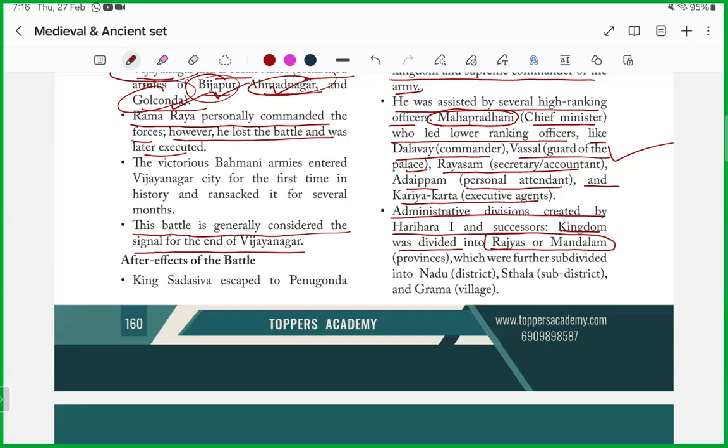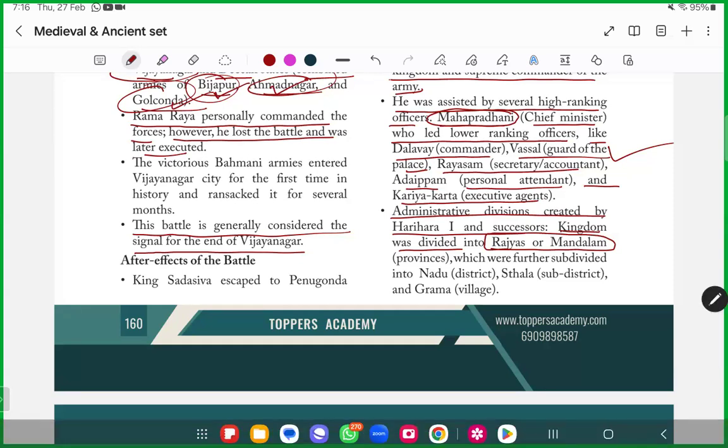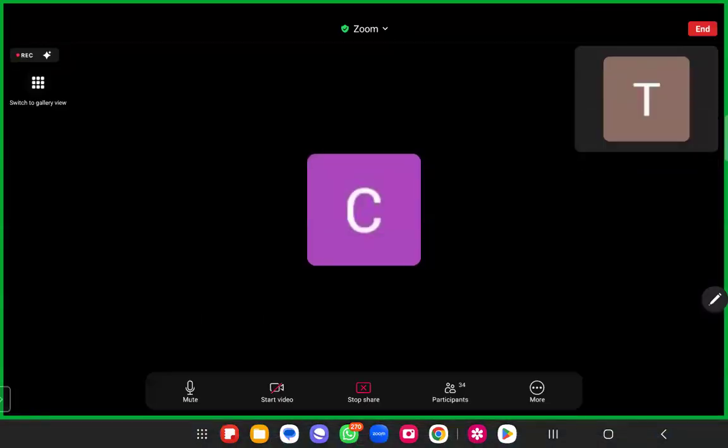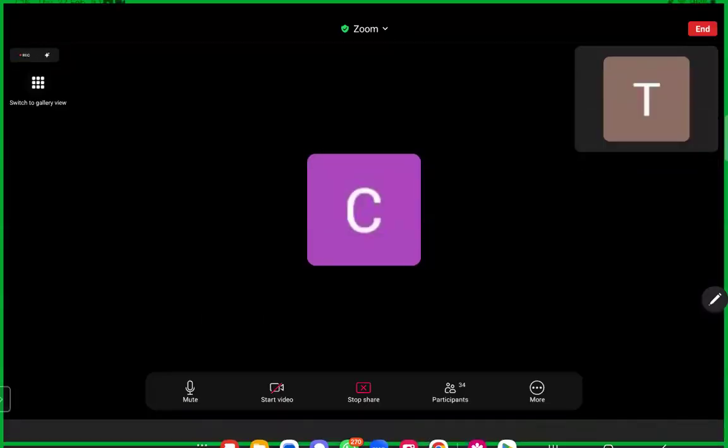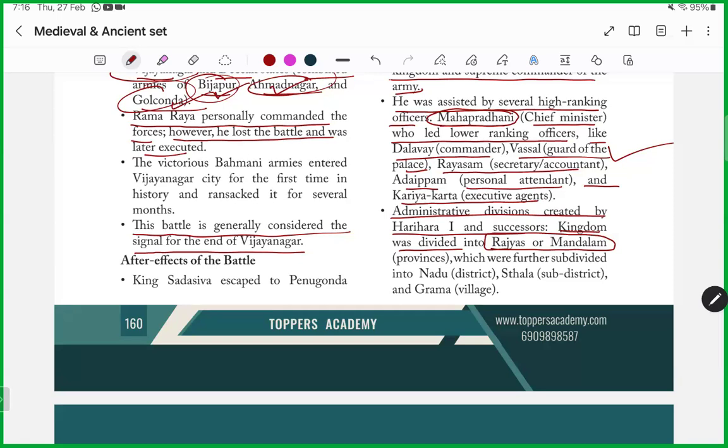Guys, what is the name of the provinces during the Delhi Sultanate period?